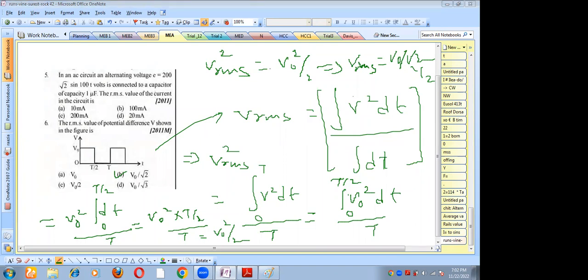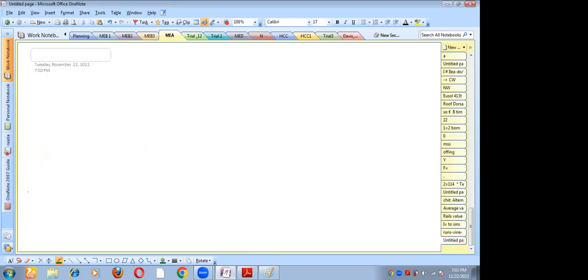Question 5 really needs you to know the value of capacitive reactance XC. You know what the value of capacitive reactance is, 1 by omega C, right? So from there you can do that.